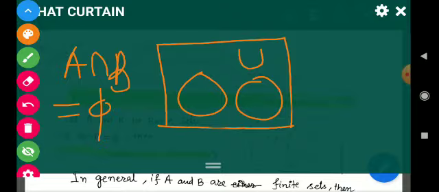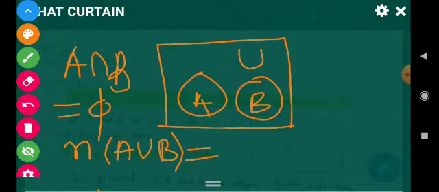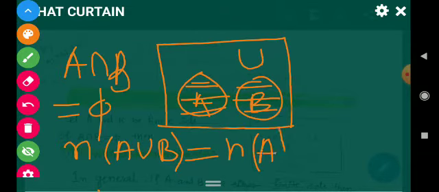That means no element is common between A and B. So now students, we are talking about the number of elements of A union B. Whatever elements are there in both sets, that will be the number of elements of A union B. So the number of elements of A plus the number of elements of B.